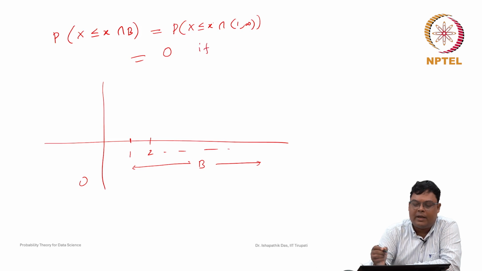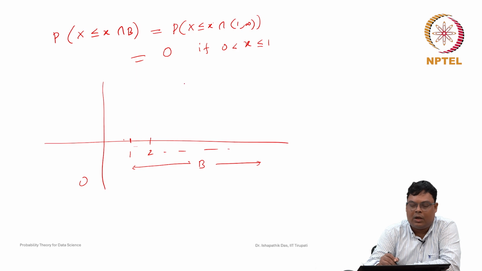If x is 0.5, for example, the set here and B here do not intersect. So, this probability will be 0.